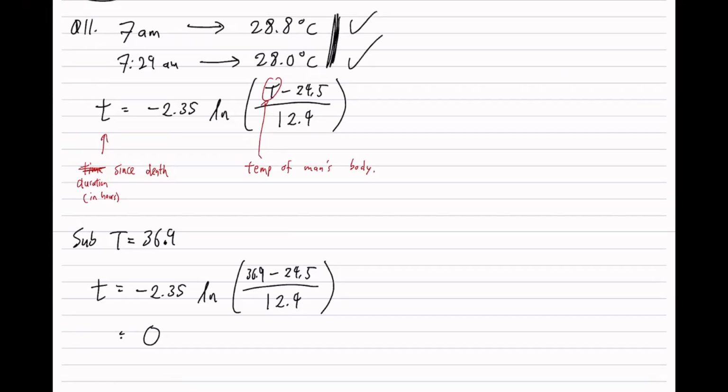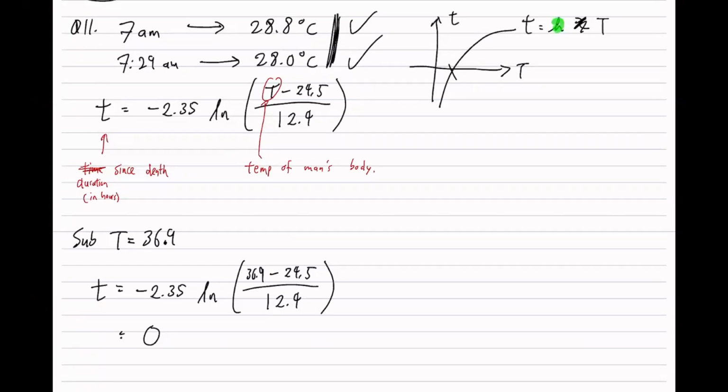So let's see how this graph would look. Ln looks something like this, right? If this is y equals ln x, I change y to little t.